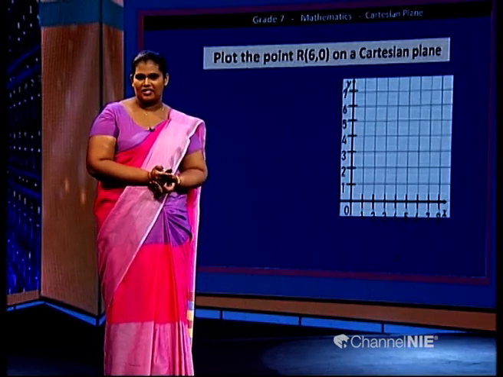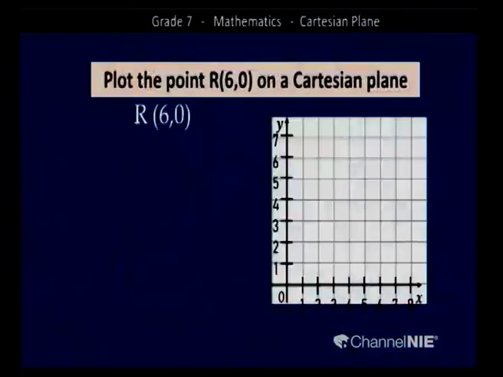Right. For point R, the x coordinate is equal to +6 and the y coordinate is equal to 0. Once again, in the previous exercise, I told you: when the y coordinate is equal to 0, where should the value be plotted?